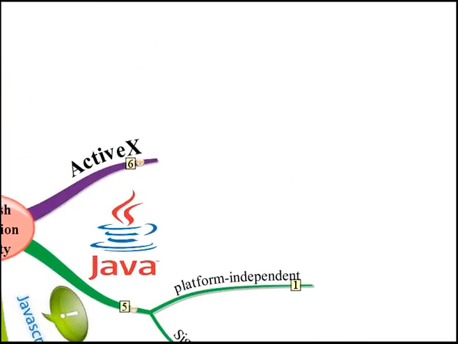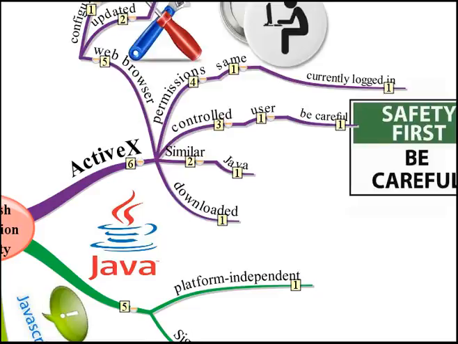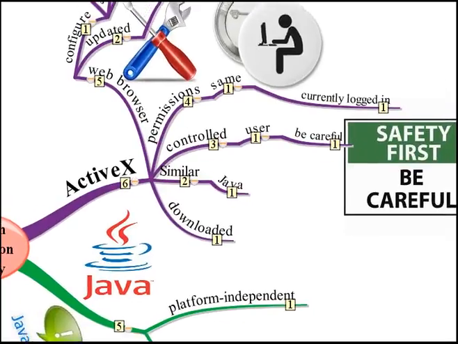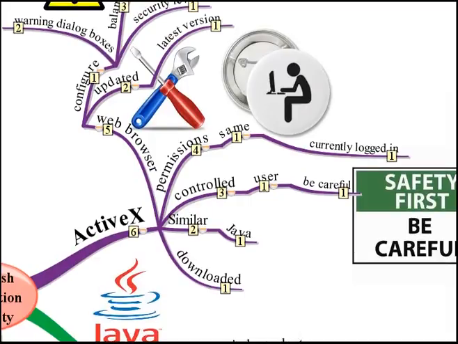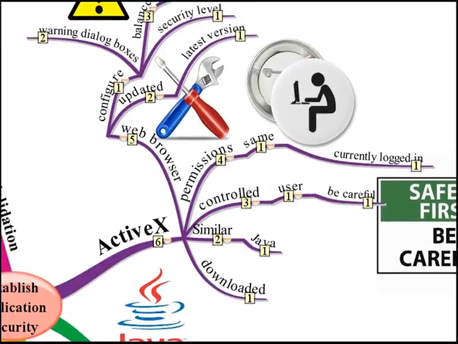ActiveX. ActiveX is a technology created by Microsoft to create reusable components across Windows and web applications. This includes increasing the functionality of Internet applications. Similar to components created with Java, ActiveX components can be downloaded to the computer through the web browser.